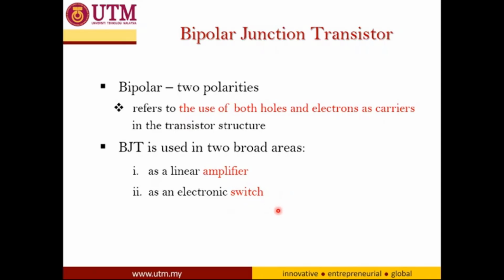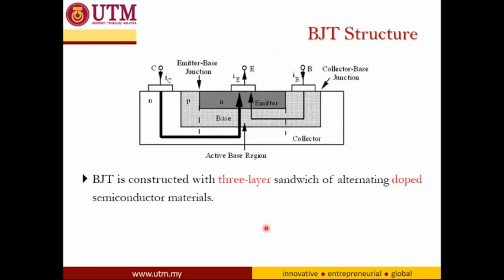We have discussed the electronic switch in the early chapter. Switching means you can turn on and then turn off with the input, and the input is in the form of an electronic signal, for example current or voltage. So this is an electronic switch.